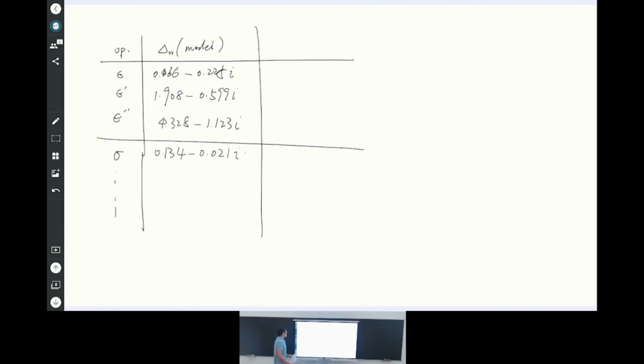In total, we can identify 13 primary operators. The most important feature is that the scaling dimension is actually a complex number with a finite imaginary part. We also compare it with the analytic continuation.